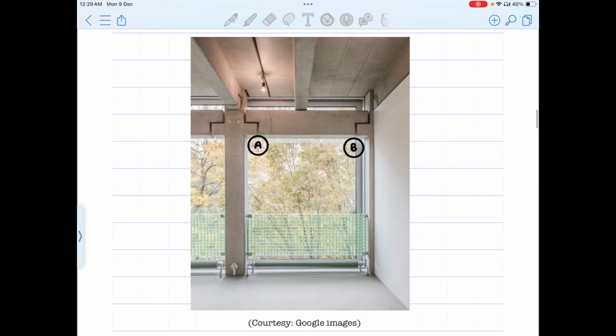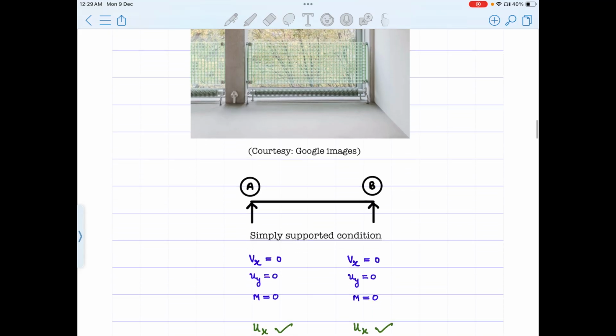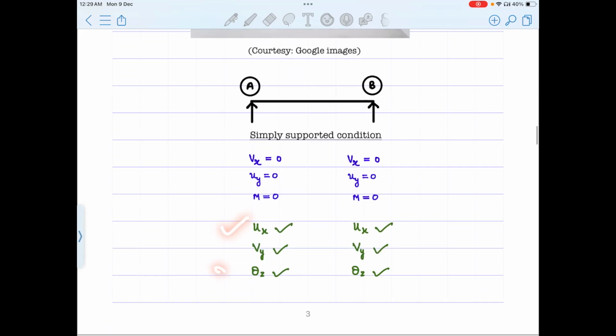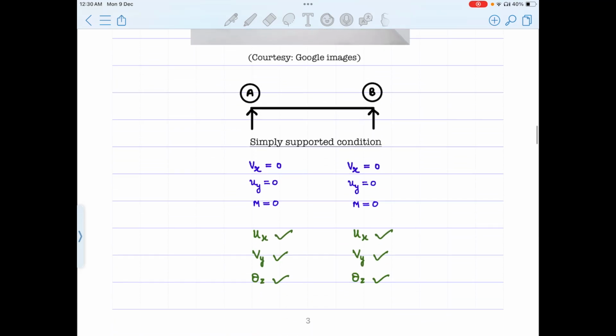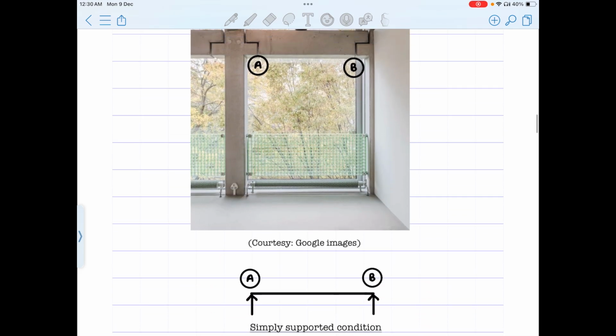Because this translation is arrested only here, which means ux and theta z are possible, and it also implies that therefore Vx and M are 0. Okay. However, uy is not permitted, which means only that reactive component Vy alone develops. Okay, that is what is shown here. This Vy alone is shown here. So this is what one calls the simply supported condition.